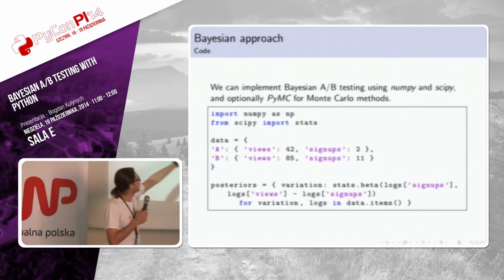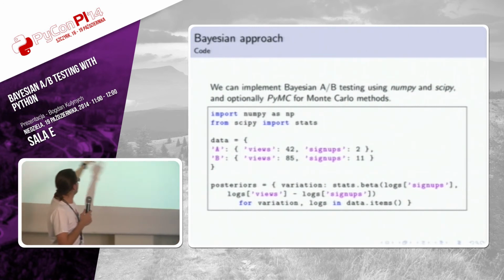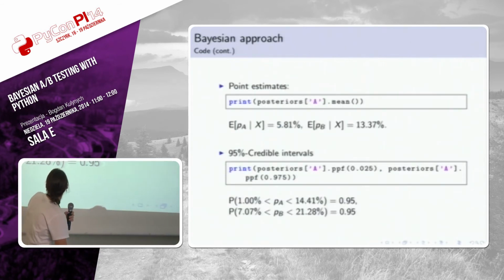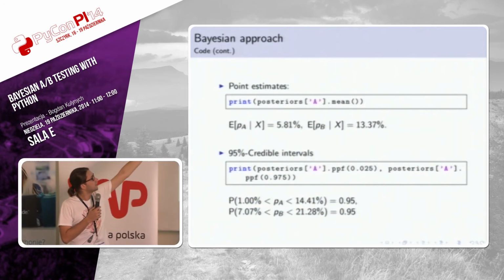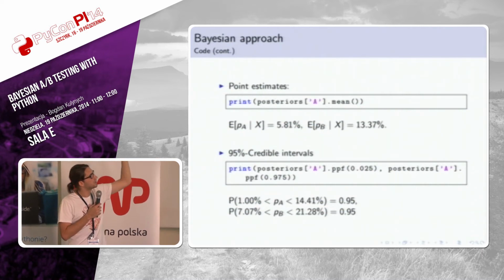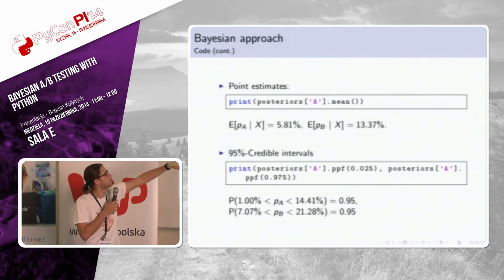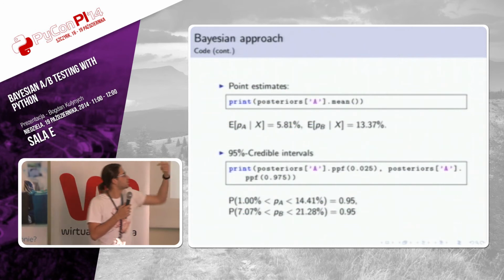You calculate the posteriors, beta distribution, using that formula that I showed you. And with these posteriors, you can print interesting values, like the expected value of a parameter. Like for this case, the expected value of the parameter for A is 5%, for B is 13%. You can print credible intervals. It's also easy.